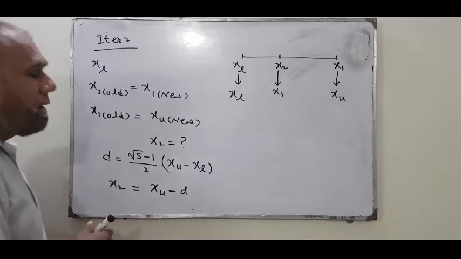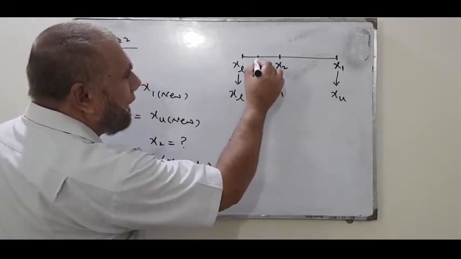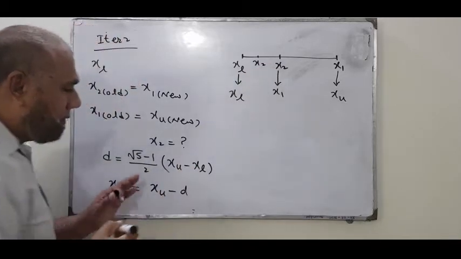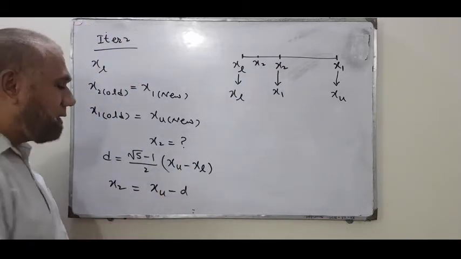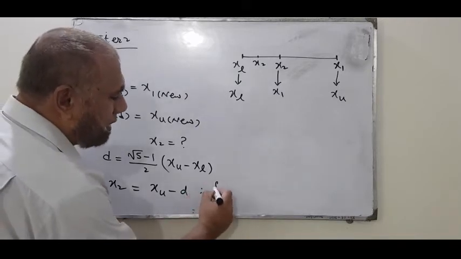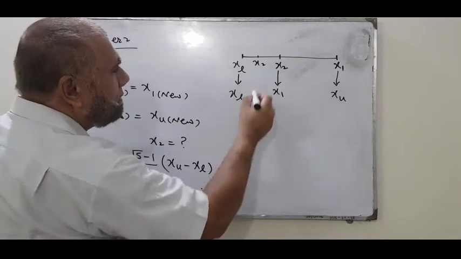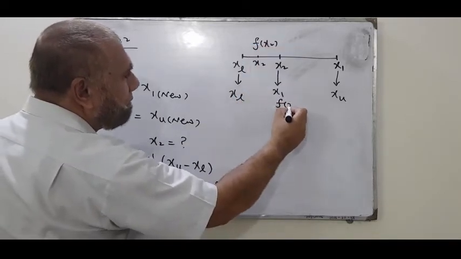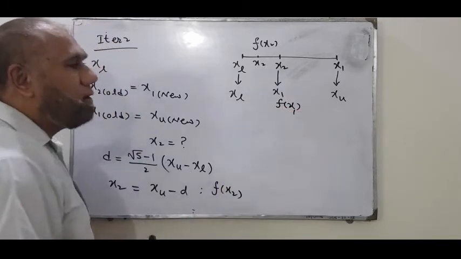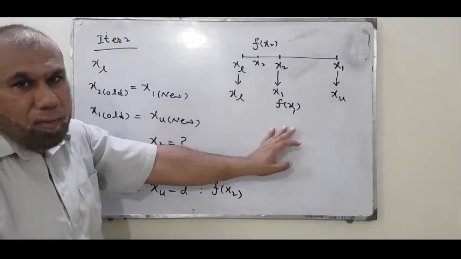And you will see X2 will always occur on the left of X1 whenever you make all these calculations correctly. And similarly, after finding this X2, you go in search of f of X2, and then you will be calculating f(x2) and f(x1), and once again you have to make the comparison of these two values and look for the optimum value.